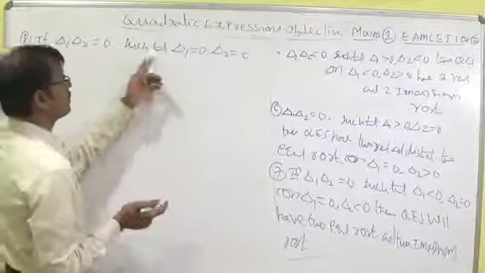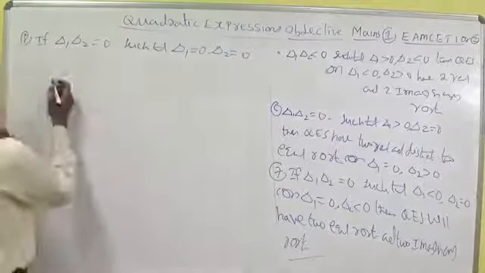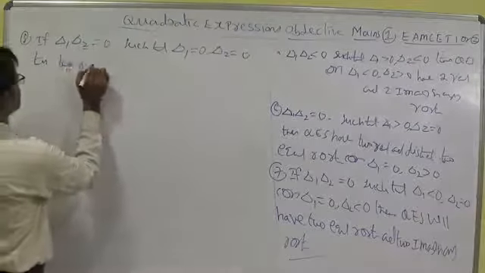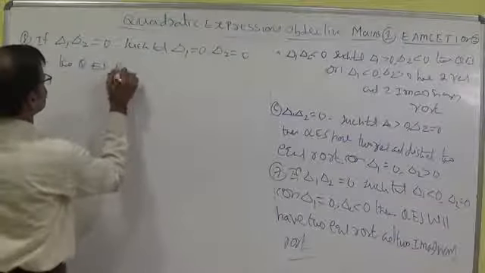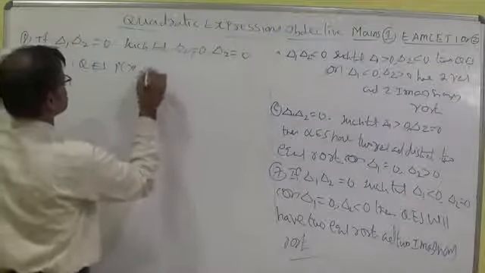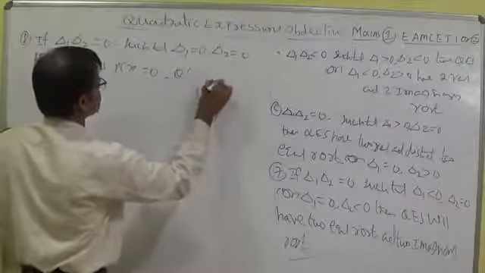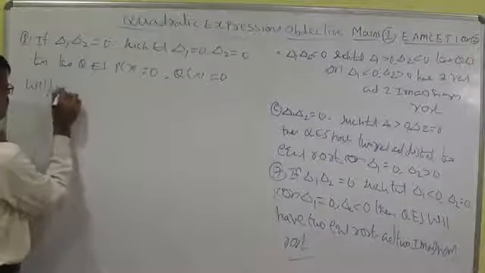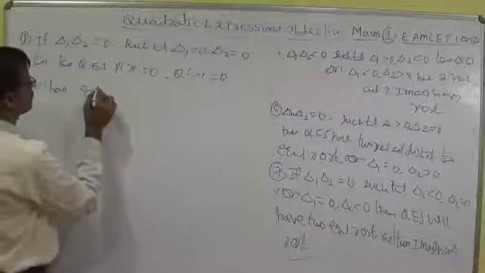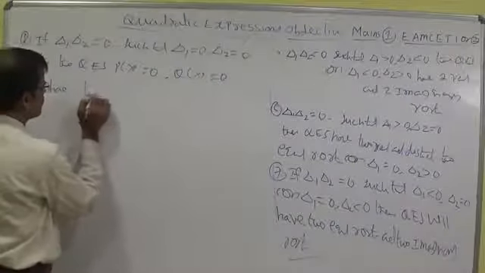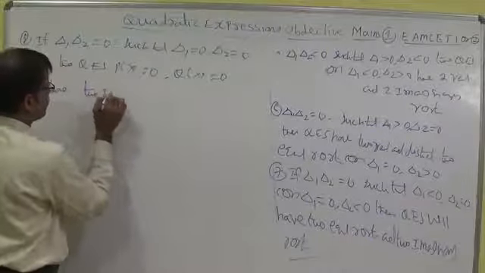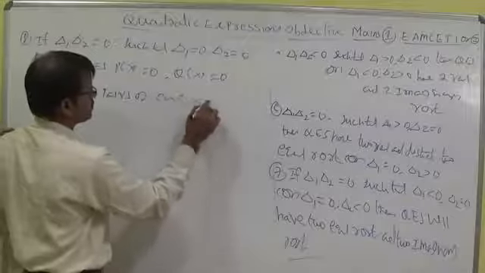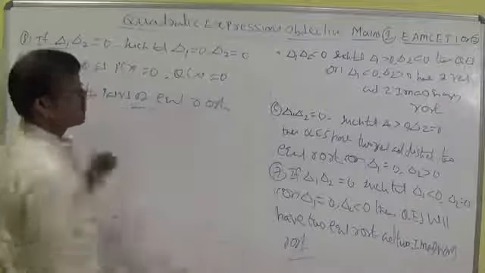If delta 1 equal to 0 and delta 2 equal to 0, then P of x equal to 0, Q of x equal to 0 will have 2 pairs of equal roots, not 4 distinct roots.